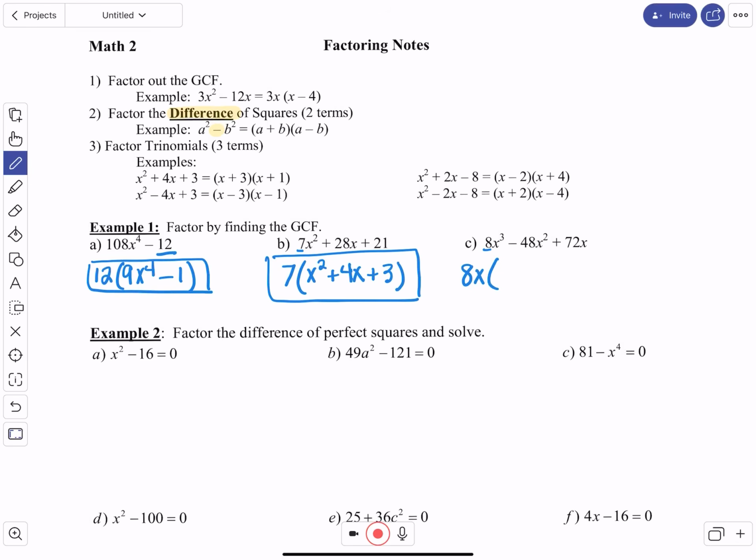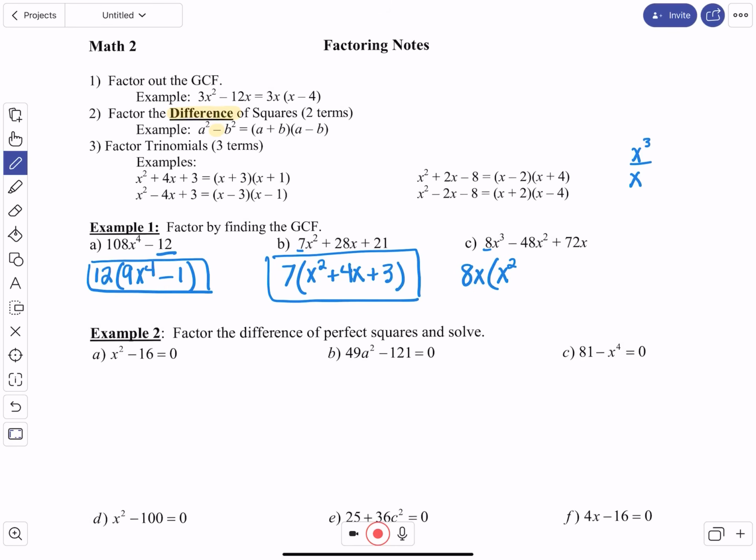So 8x to the 3rd divided by 8x. 8 divided by 8 is 1. x to the 3rd divided by x, remember, when you're dividing you subtract your exponents. x to the 3rd divided by x is going to be x squared.